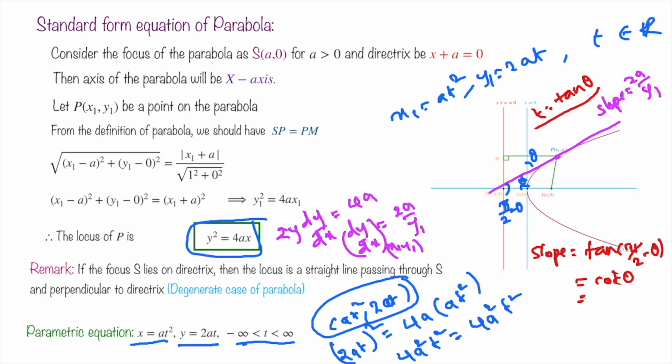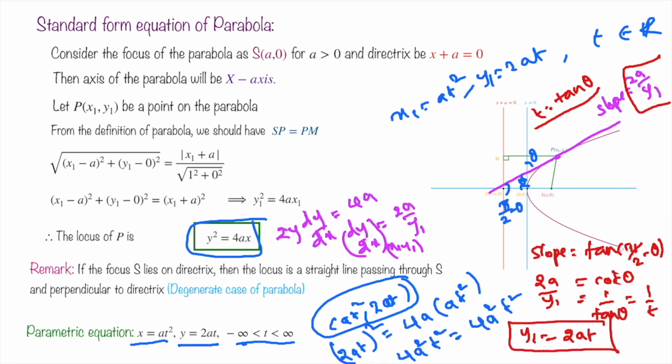If I take t to be tan theta, then cot theta will be 1 by tan theta, so this is going to be 1 by t. The slope of the tangent equals 1 by t. Actually, what is the slope of the tangent we got? 2a by y1. So 2a by y1 equal to 1 by t. That implies, if you cross multiply, y1 equal to 2at. This is my y1.